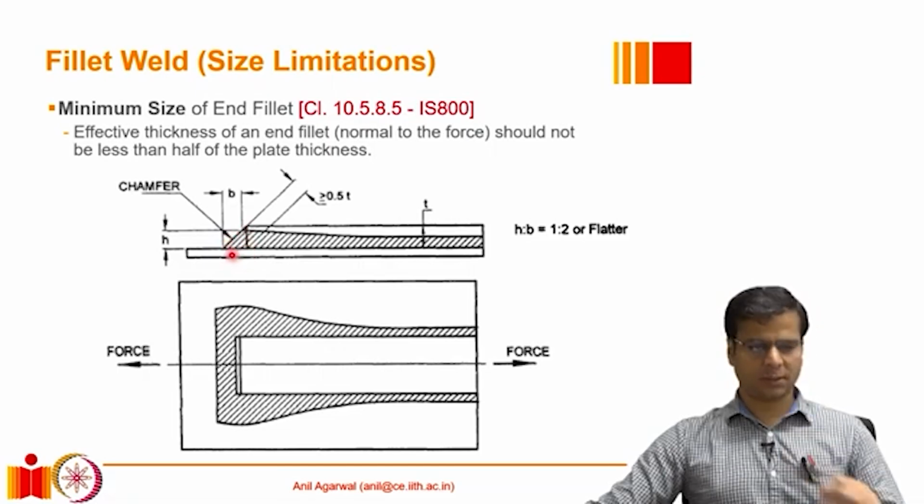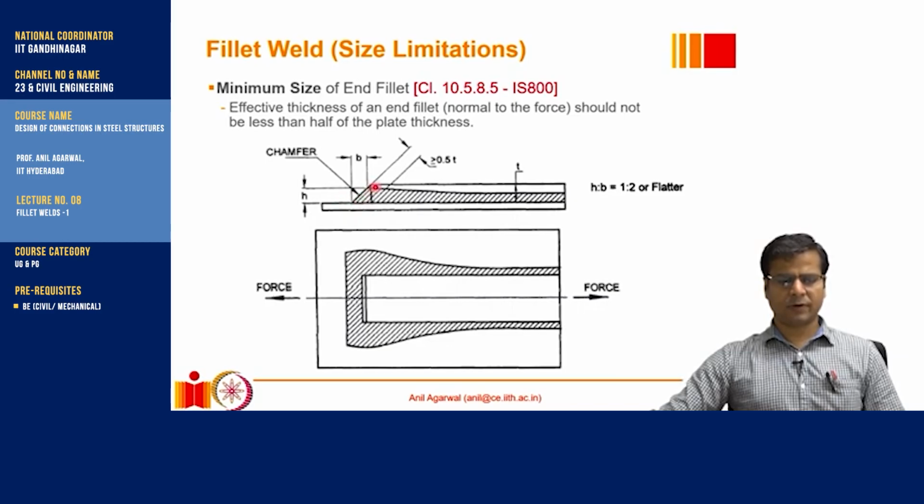It has to be in such a way that the horizontal dimension in this diagram is greater than the vertical dimension by a ratio of at least 2. Also, at the same time, it should be ensured that the effective thickness, that is the root thickness of this fillet weld, should be greater than or equal to the thickness of this plate.